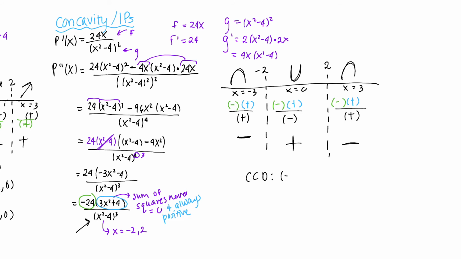So we are concave down from negative infinity to negative 2, and from 2 to infinity. We are concave up from negative 2 to 2. And even though we change concavity at negative 2 and 2, because these are asymptotes, we do not have inflection points there. There are no inflection points because they are asymptotes. We cannot have an inflection point at an asymptote.